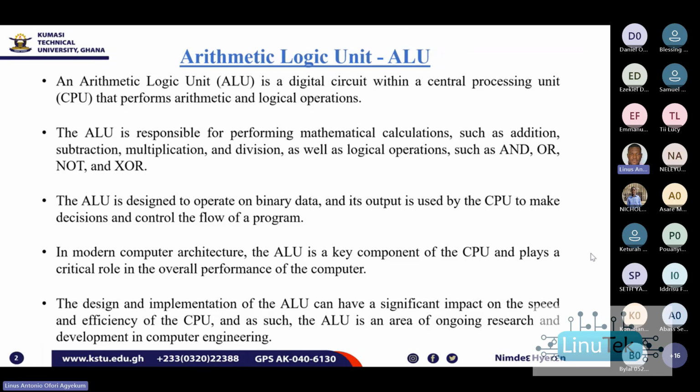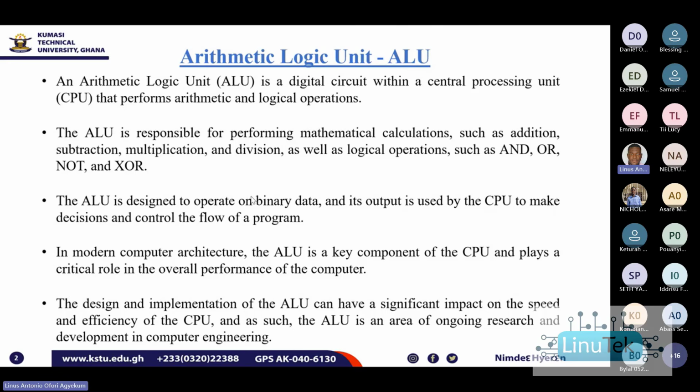So today, majorly, what we are going to be looking at is the arithmetic logic unit, since we are looking at computers at the basic level, where they will just be performing arithmetic operations.